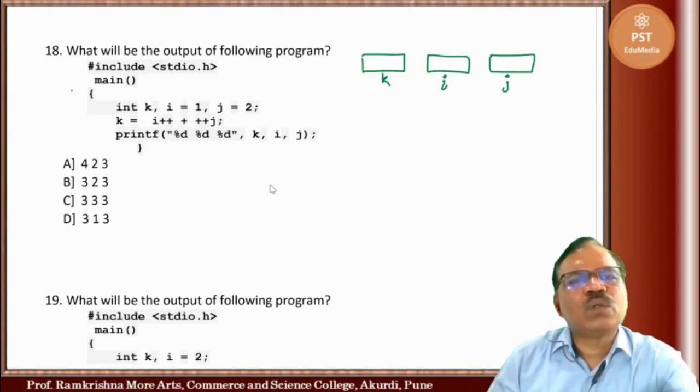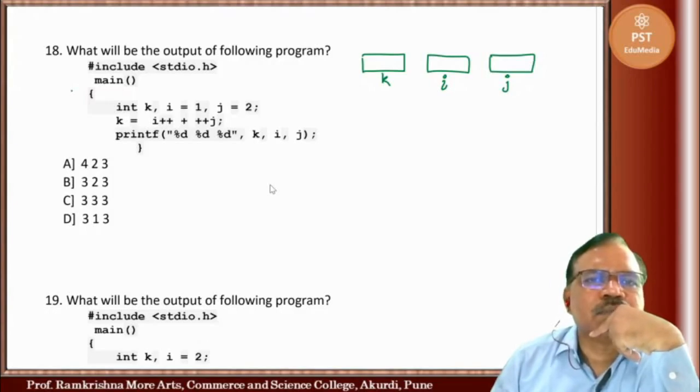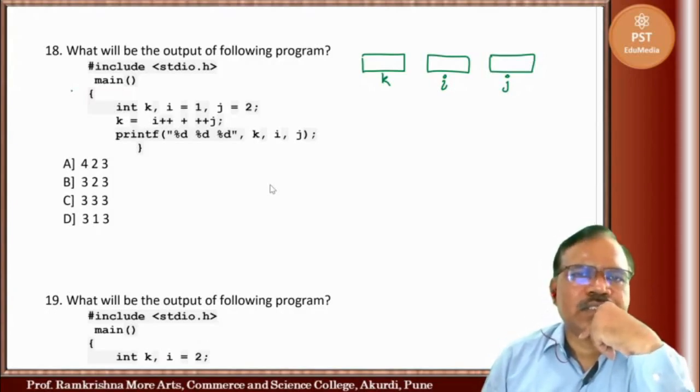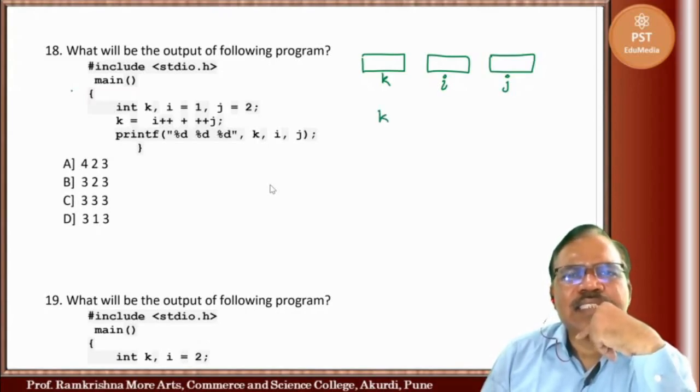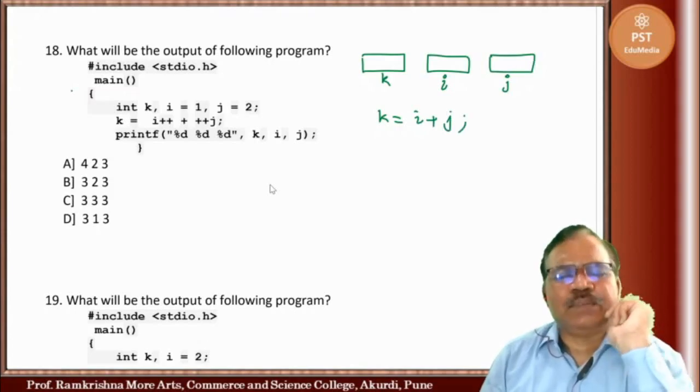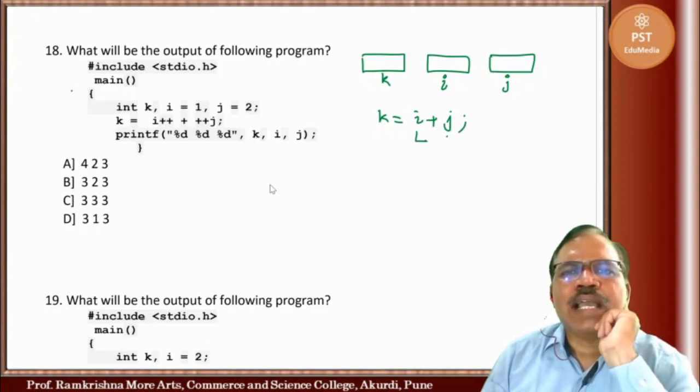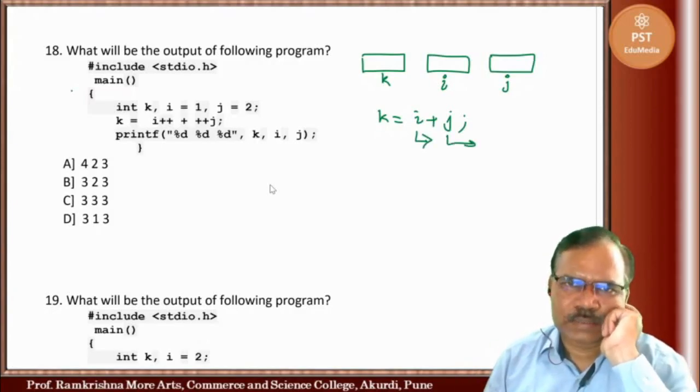Then k is equal to i++ + ++j. So here we have increment operators. In general, k is equal to i plus j. This is the actual expression, with attributes on i and on j. And what are the attributes? Increment operators.